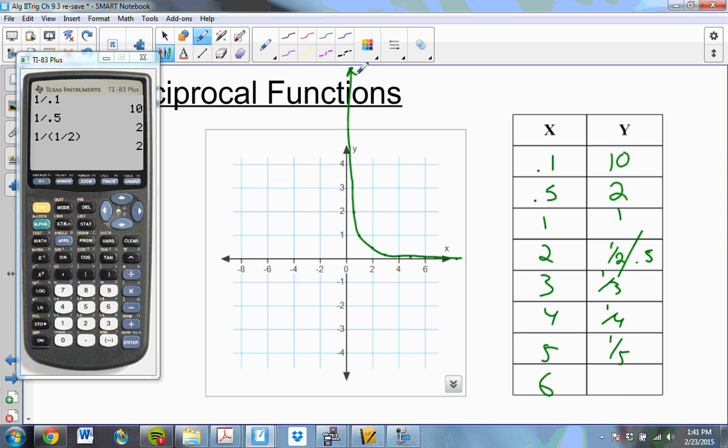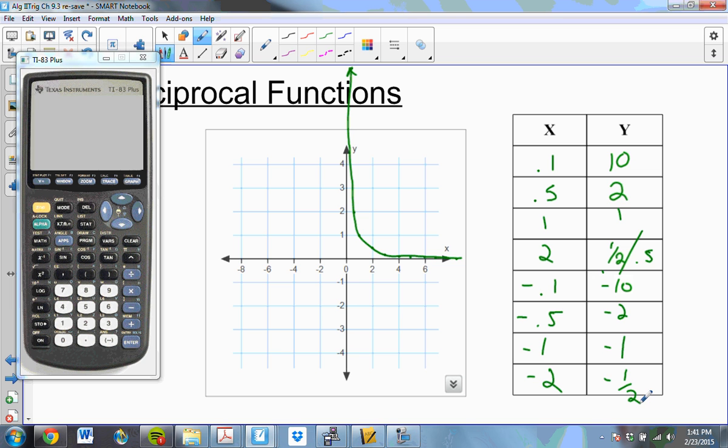This graph has two asymptotes. It has a horizontal asymptote at 0 and a vertical asymptote at 0. If I want to plug in some negative numbers, I'll get rid of these just so I can give myself some space. If I plug in some negative numbers like negative 0.1, negative 0.5, negative 1, negative 2, well, all these values just switch. I have negative 10, negative 2, negative 1, negative 1/2.